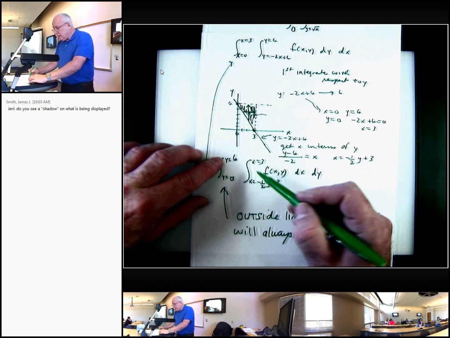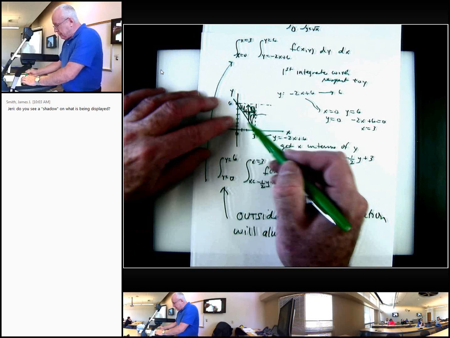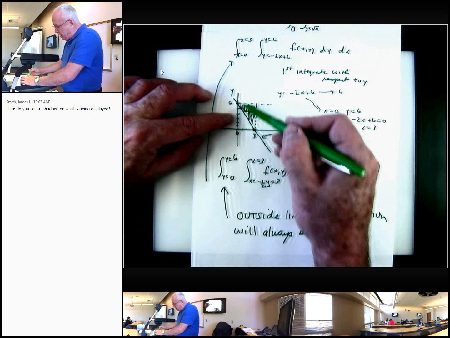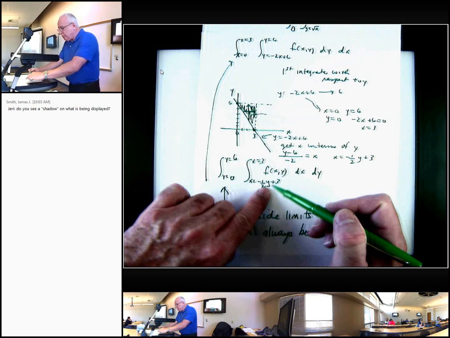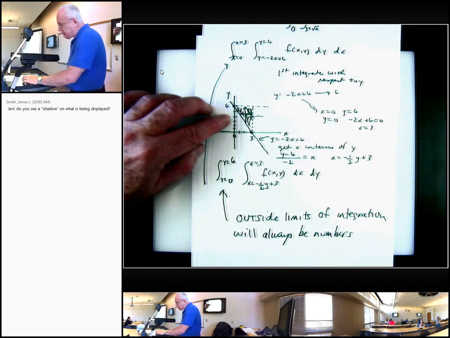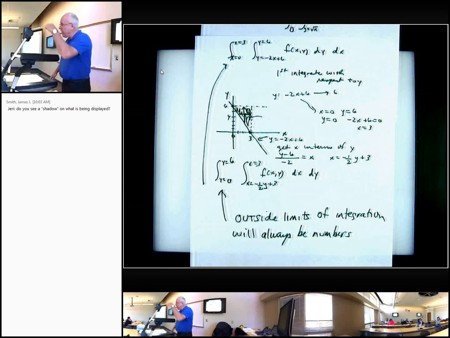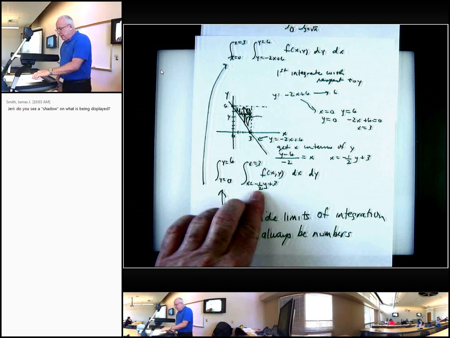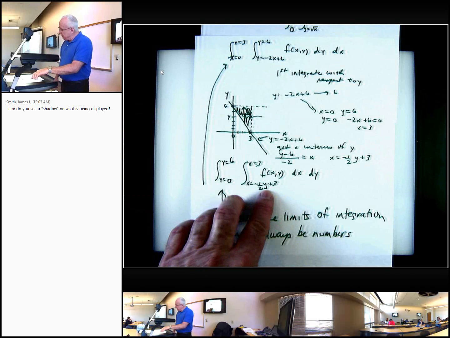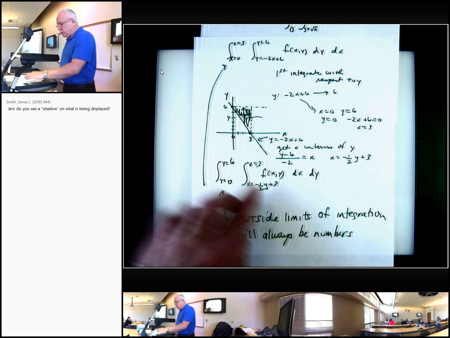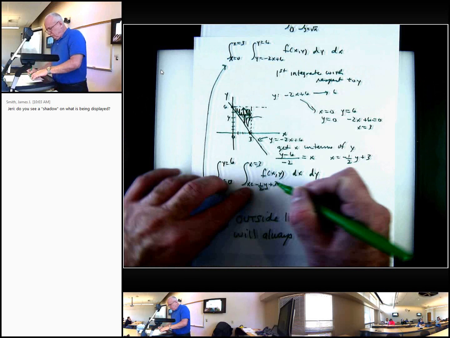When we go up, say when y is equal to 3, well, let's make it 4 so I get a nice number. When y is equal to 4, on our way from 0 to 6, then x is equal to minus 1/2 times 4, which is negative 2. 3 minus 2 is 1, okay?